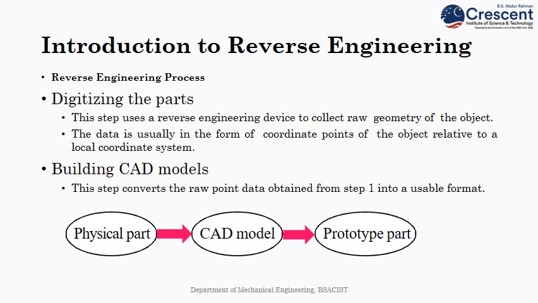But in reverse engineering, we study a part that is already existing, create a design for that part, and finally manufacture that part. Since the whole process is reversed, it is called reverse engineering. So from the physical part, we go to a CAD model, and from the CAD model, we try to create a part prototype.